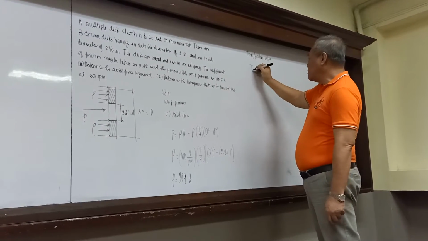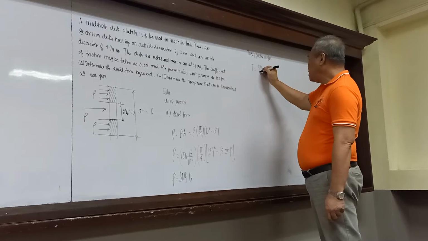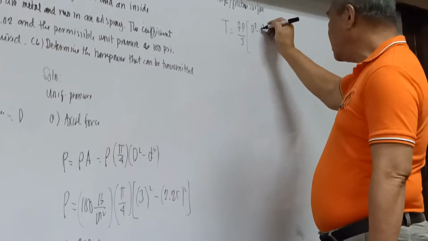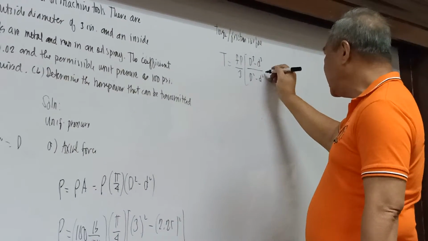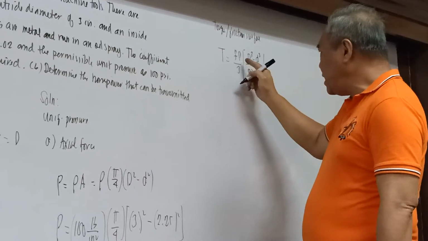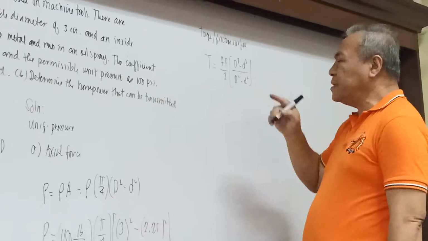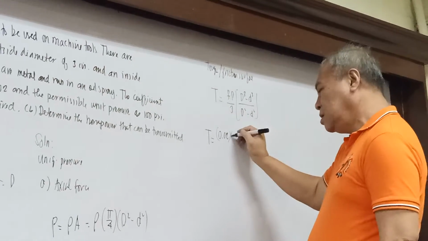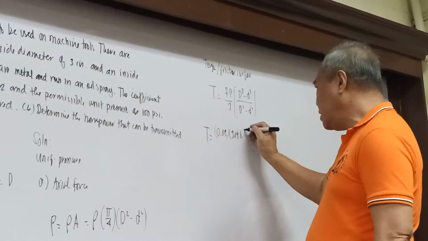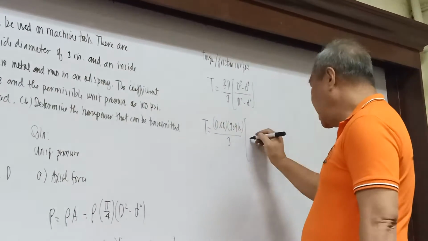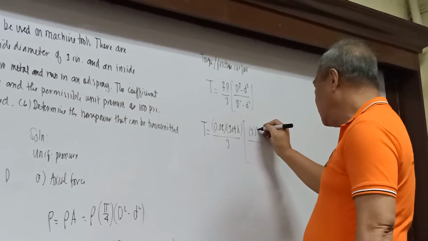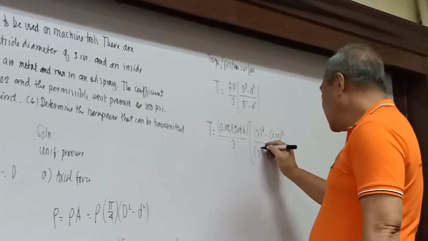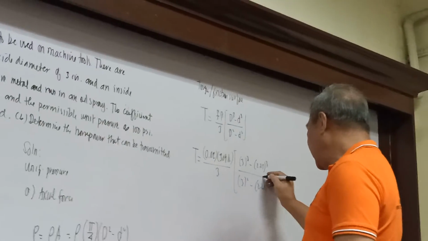So the torque will be equivalent to f P all over 3, the difference of the diameter cube all over the difference of the diameter square. Now, ang f natin given, alam na natin, therefore the torque will be equivalent to 0.02 multiplied by 309 pounds all over 3, times 3 cube minus 2.25 cube, over 3 squared minus 2.25 squared.